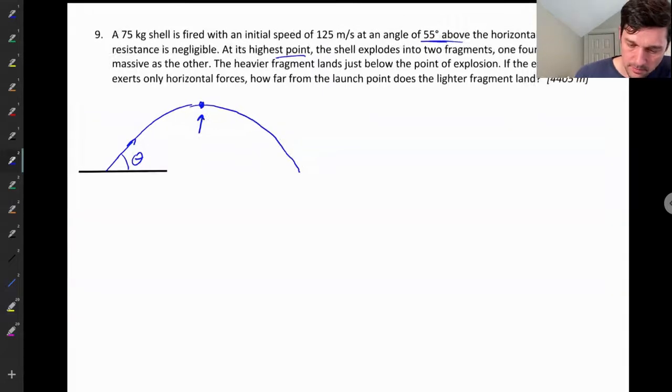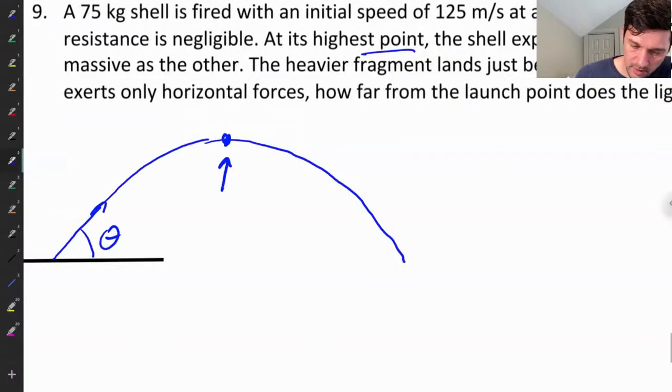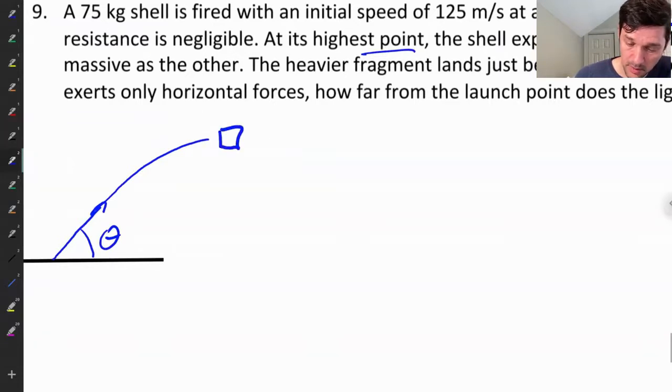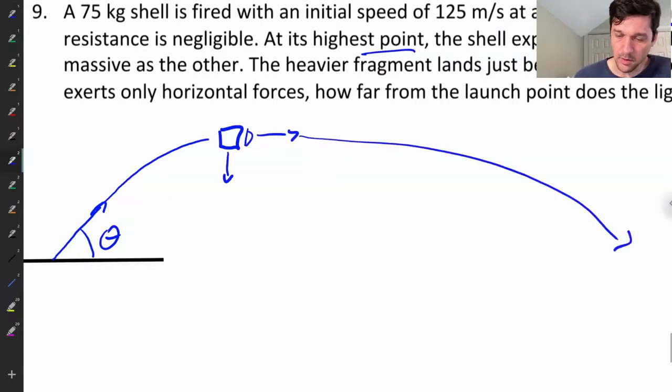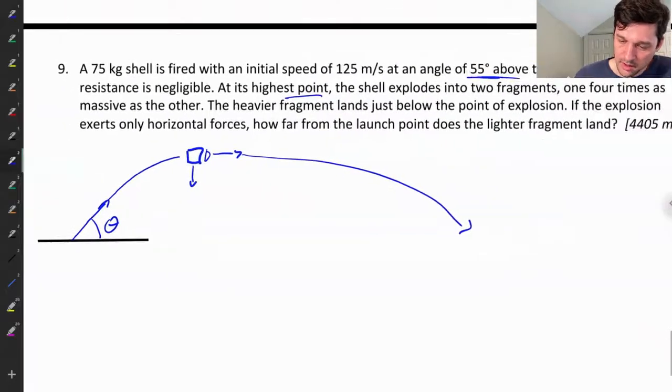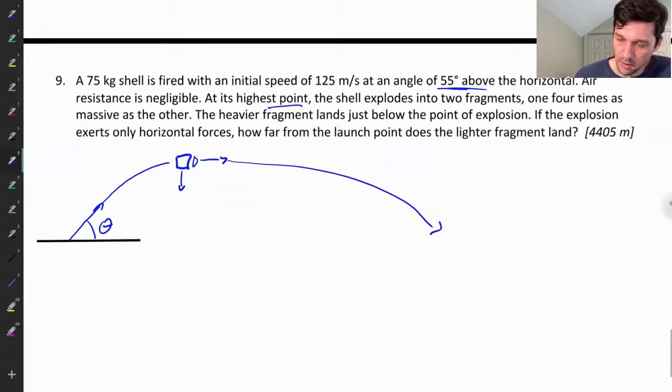So we've got the big piece just drops straight down, and the little piece is going to go way over there somewhere. The heavier fragment lands just below the point of explosion if the explosion exerts only horizontal forces.